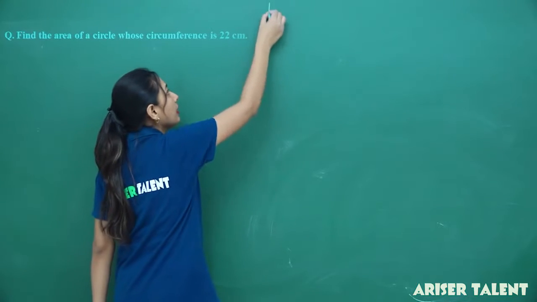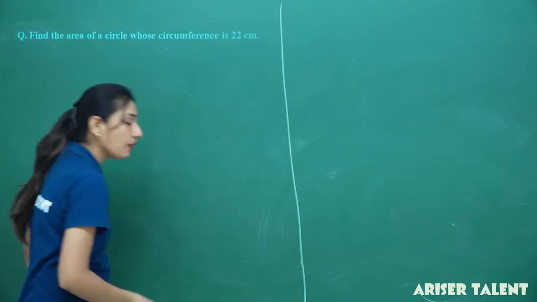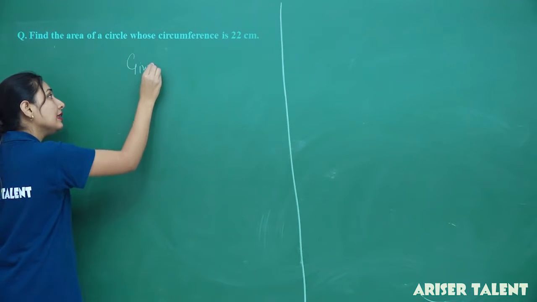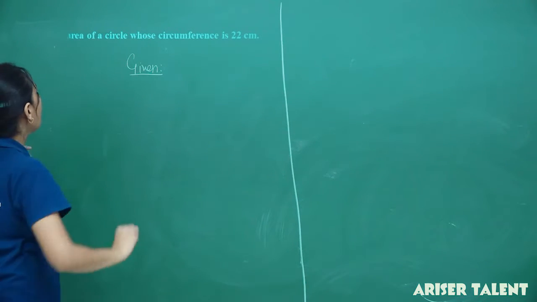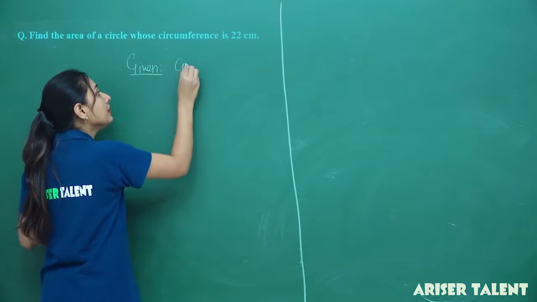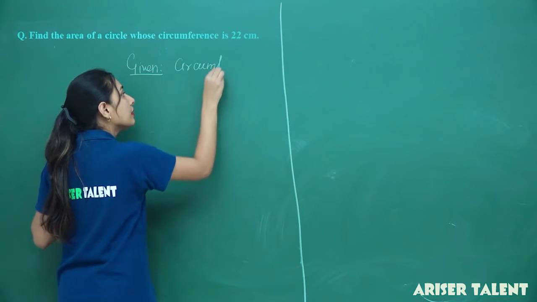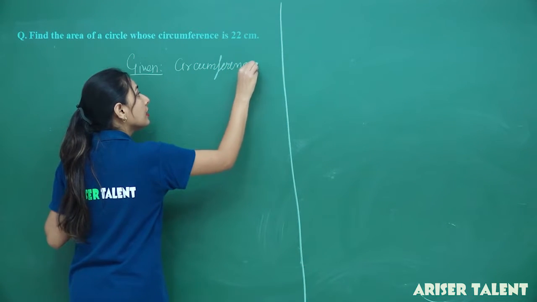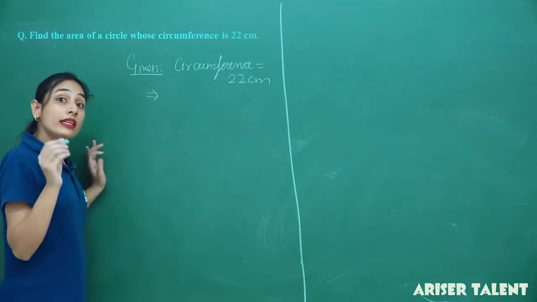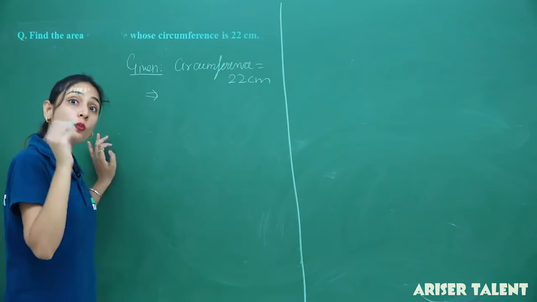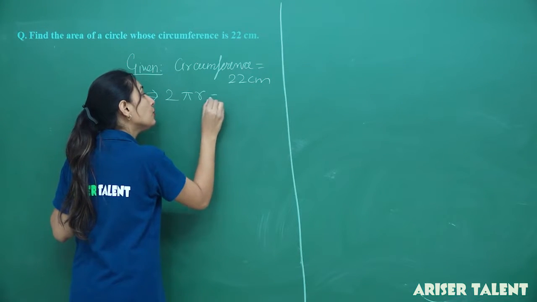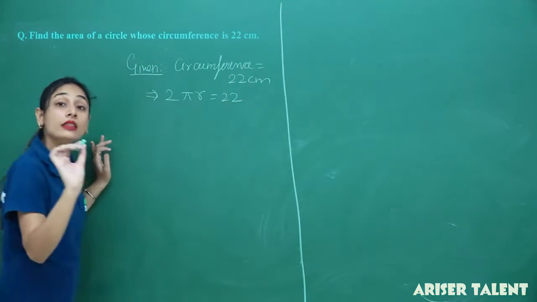The given parameters: we are provided with the circumference equal to 22 centimeters. What does this imply? The circumference formula is 2 pi r. Remember it. 2 pi r equals 22 centimeters. This is given.